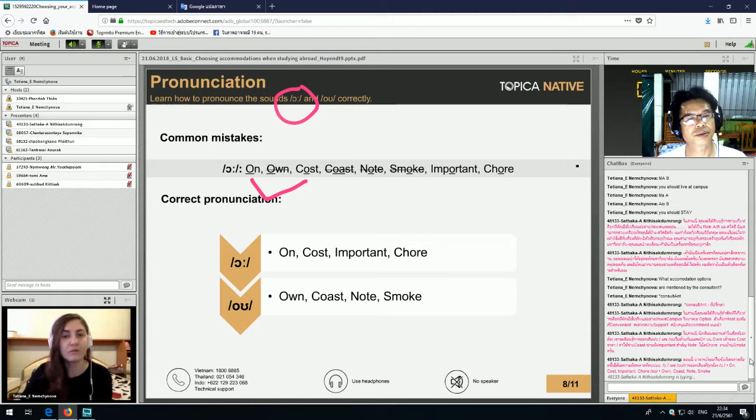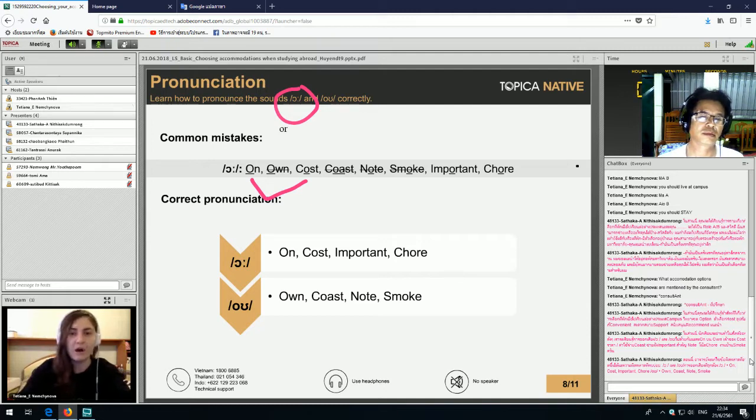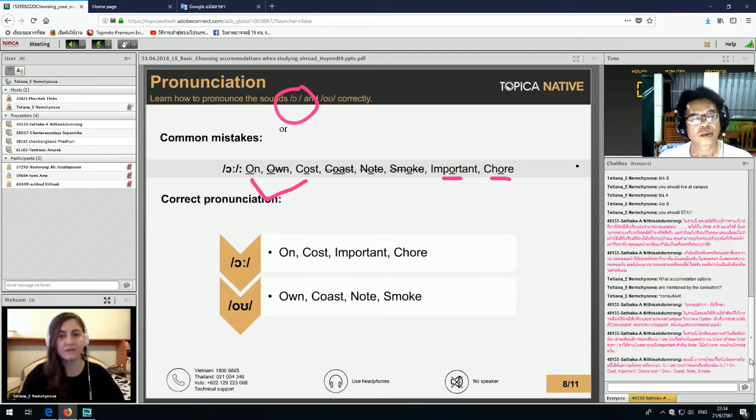But usually, to get the long O sound, we need a combination of letters, most often O plus R, the classical way to spell this sound, like in the words important and chore, which we were just talking about.